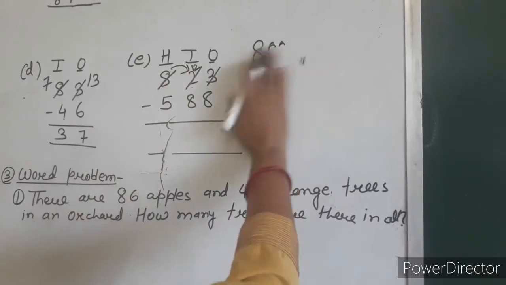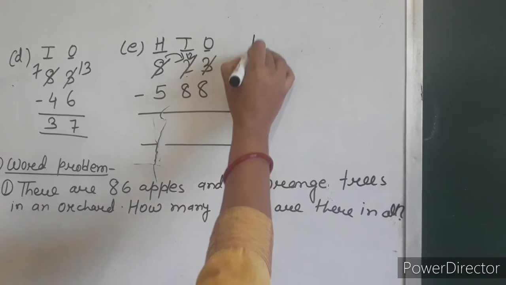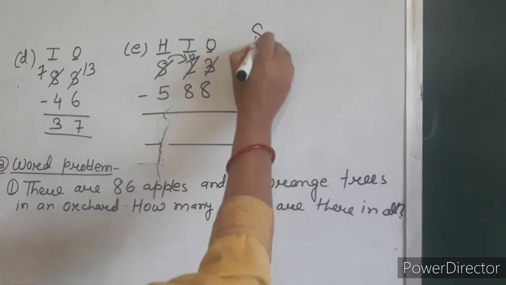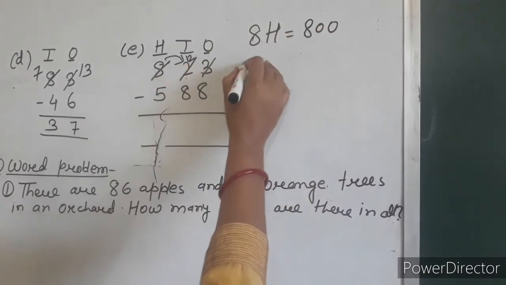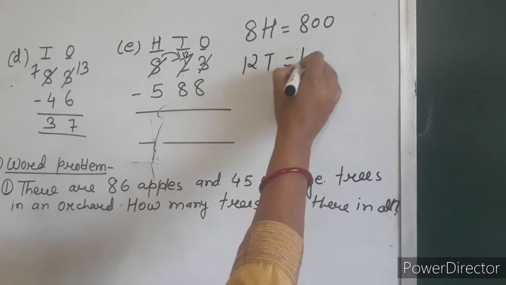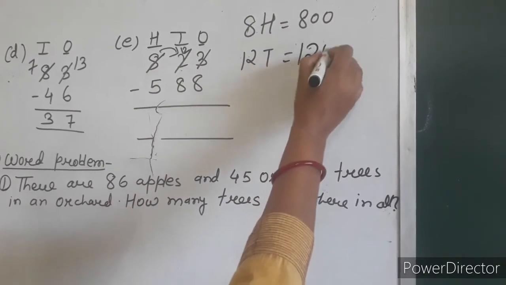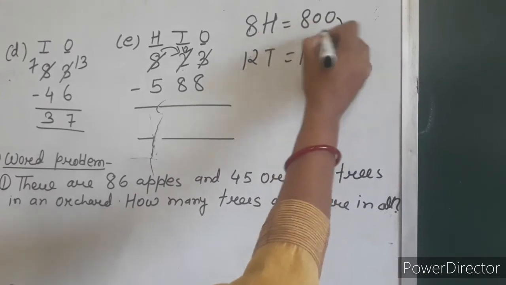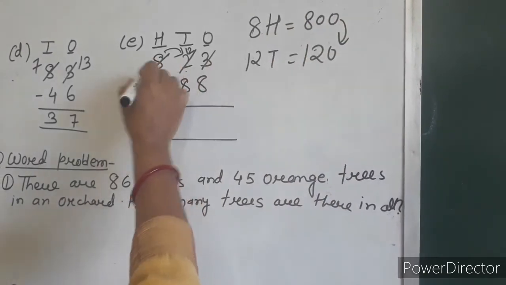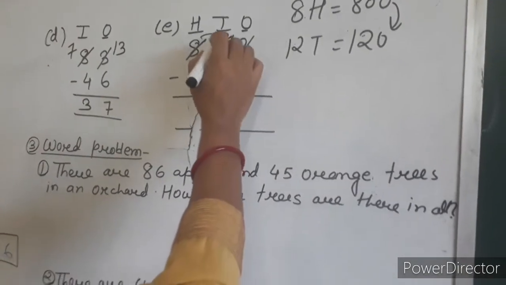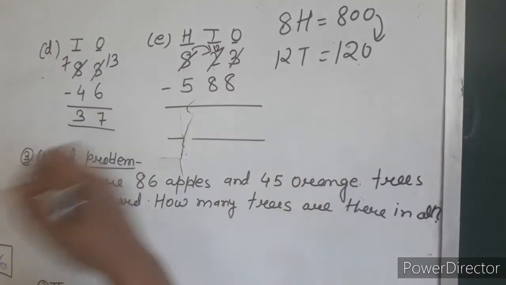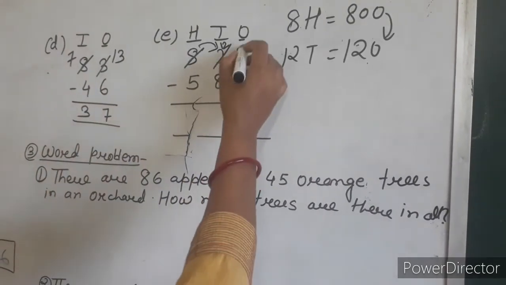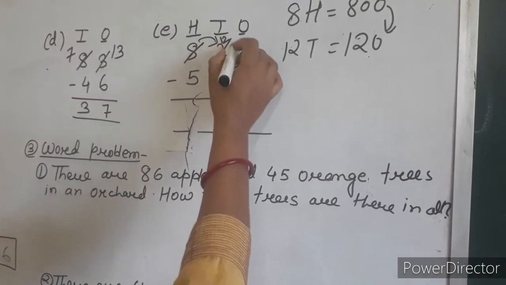12 means here 800, or here 12 tens means 120. It will come from this 100, it will take from the 8. So that 2 plus 10 is 12, that is 12 tens is 120. So again this ones place will take a number from the tens place.